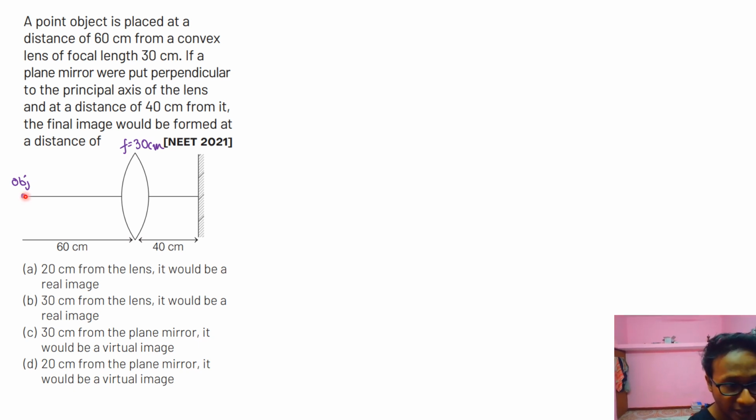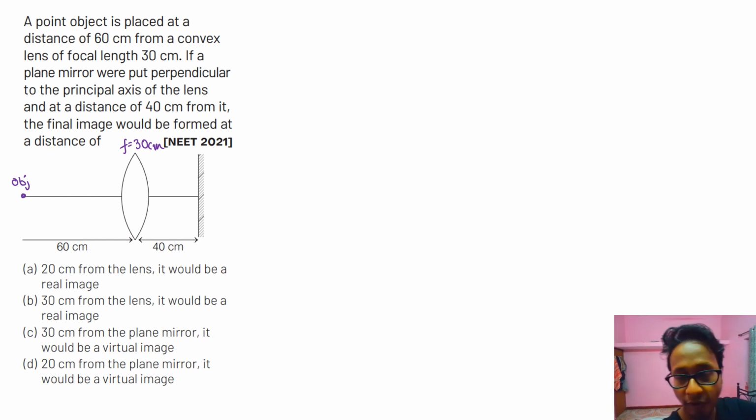The incident ray always starts from the object. It will first get refracted through the lens, then bounce back from the mirror, and then again refract through the lens, and then form the image. So there are three instruments, or three times you have to apply the formula. First time refraction through the lens, second time reflection through the mirror, and third time again refraction through the lens.